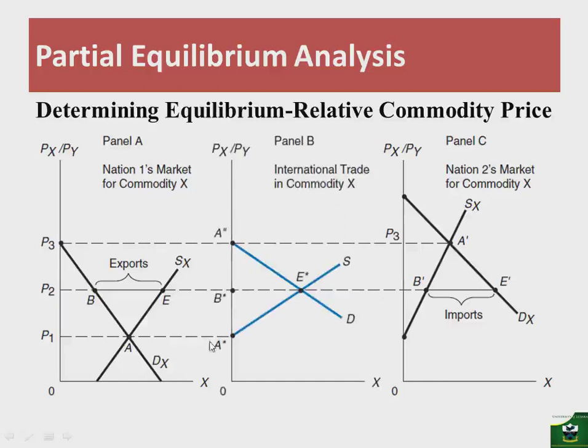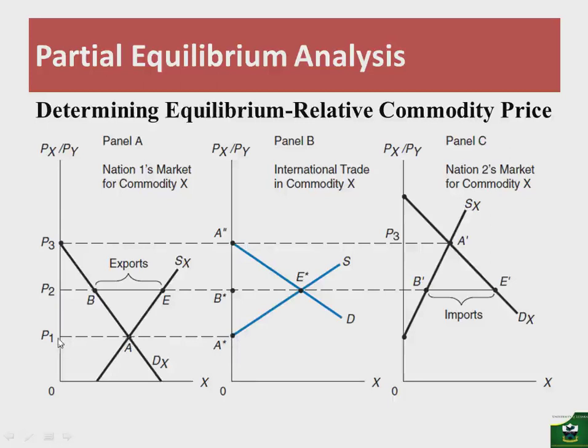So we see that when nation 1 is in autarky at point A, remember that everything produced is consumed domestically, and therefore supply will be 0 on the international market at P1, and this gives rise to the point here, the intercept on the relative commodity price axis. So we see that at P1, supply on the international market is 0.